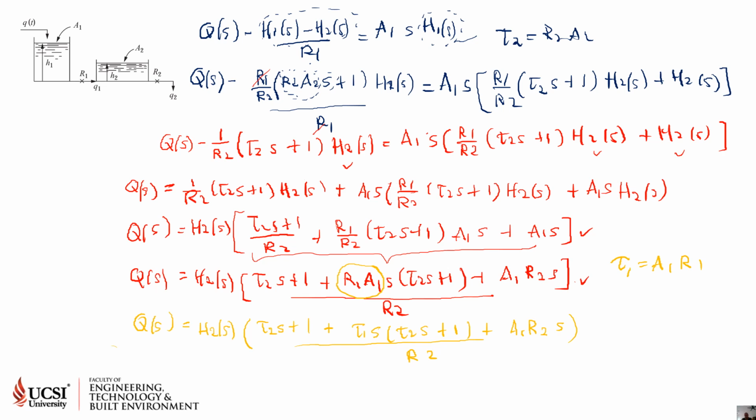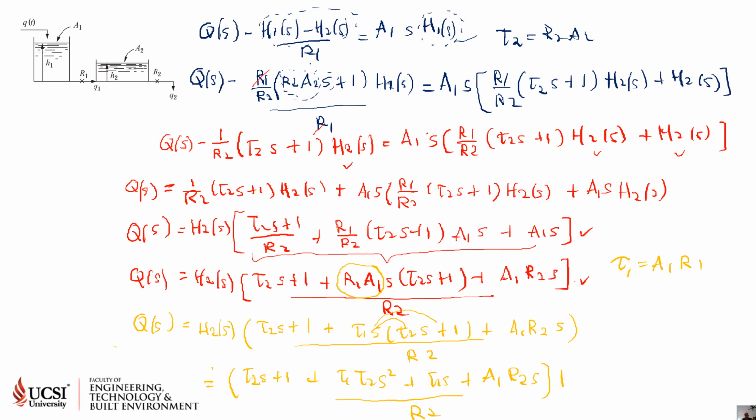So I try to write it as tau 2s plus 1 and then plus tau 1 tau 2 s power of 2 plus tau 1s, right? This one I just multiply this one plus A1 R2 s over R2.